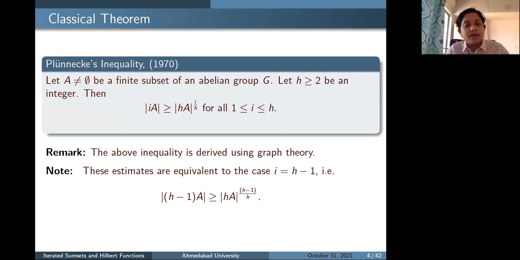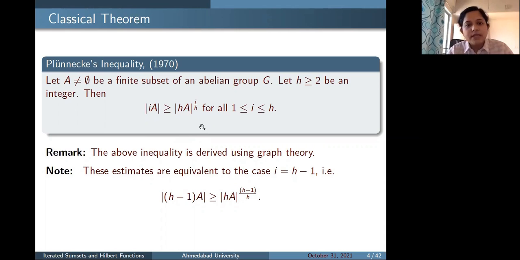In this regard, in 1970, there was a classical theorem given by Plünnecke. He said that if I have an abelian group G and A is a finite subset of G, then the cardinality of iA is greater than or equal to the cardinality of hA to the power i by h, where i runs between 1 and h. Plünnecke established this inequality using graph theory.